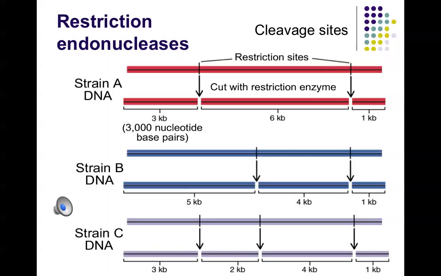Well, that's what the restriction enzyme, or restriction endonuclease, is trying to do: find that unique place, directed to a unique nucleotide sequence, to essentially cut the sugar-phosphate backbone.